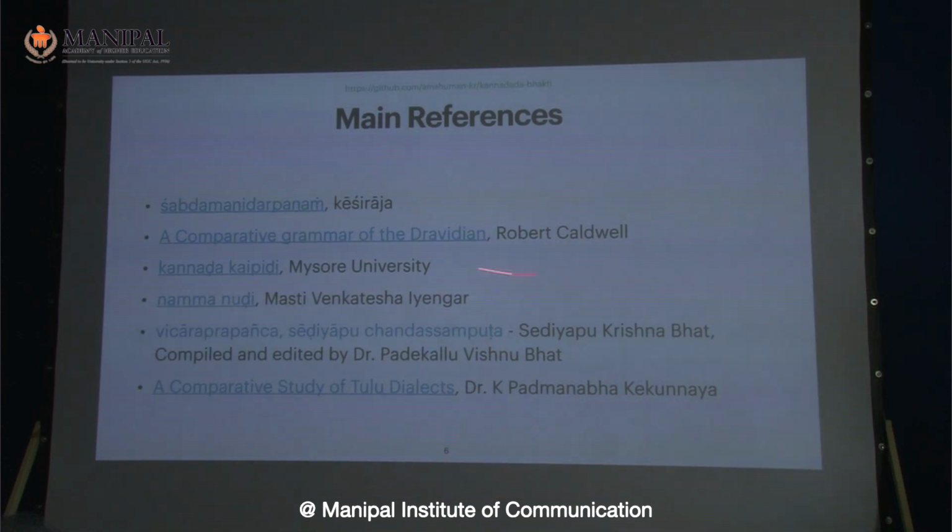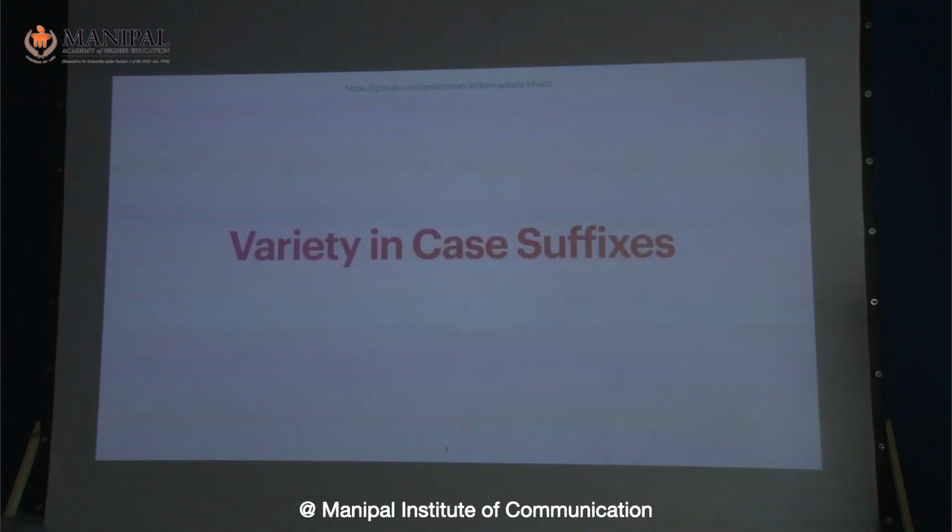Caldwell probably was misinformed, or didn't study Tulu well enough. He couldn't crack one part of the puzzle that he sought to, and abandoned it. But Tulu gives a key to that. So we will see about that.